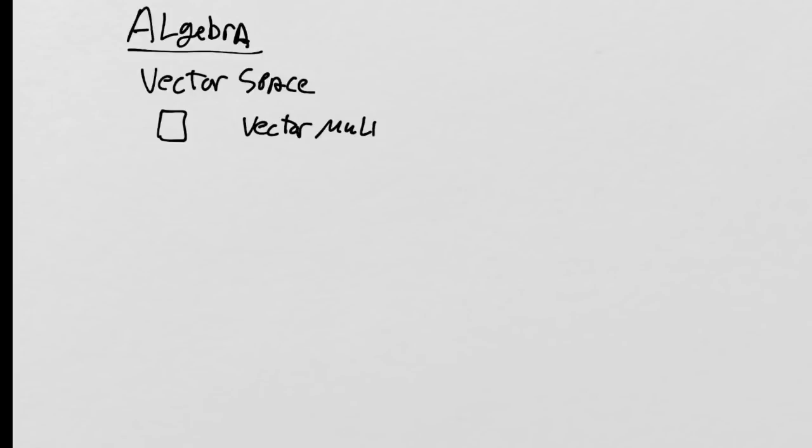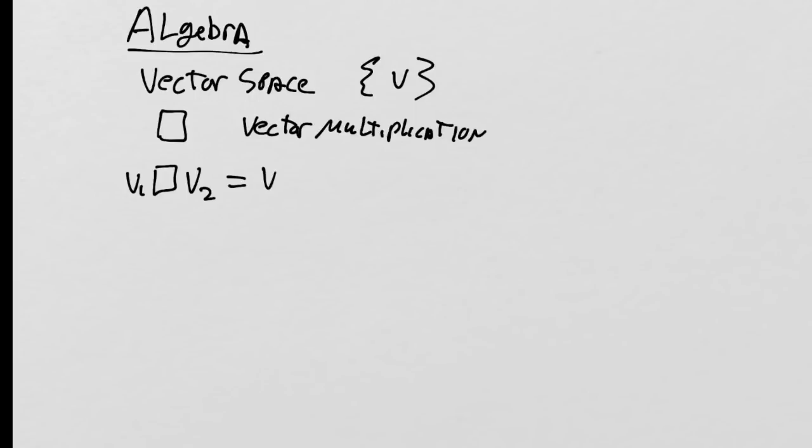This means I can take any two vectors in my vector space, v1 and v2, multiply them, and I get v3, and v3 is in the vector space, meaning it's closed under the vector multiplication.